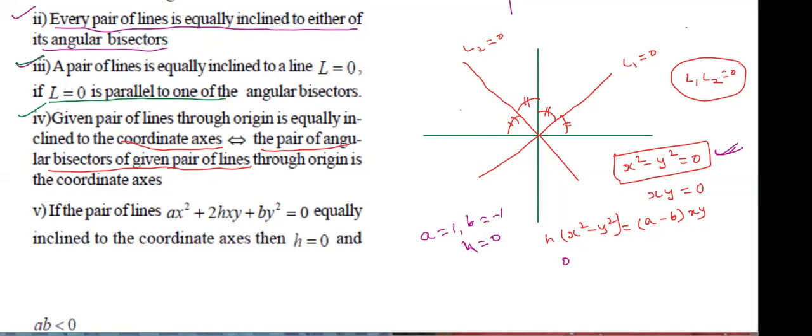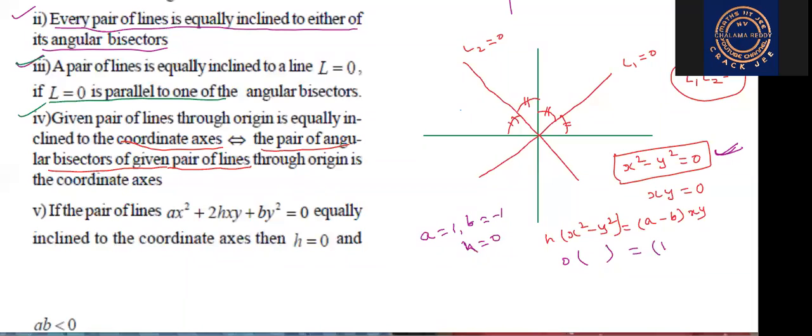Substitute here, 0 into something is 0. Here 1 minus of minus is plus 1, so 2xy is equal to 0. xy is equal to 0. So xy means this is y is equal to 0, x-axis. This is y-axis, x is equal to 0. Okay, right. Here, go to the second point.